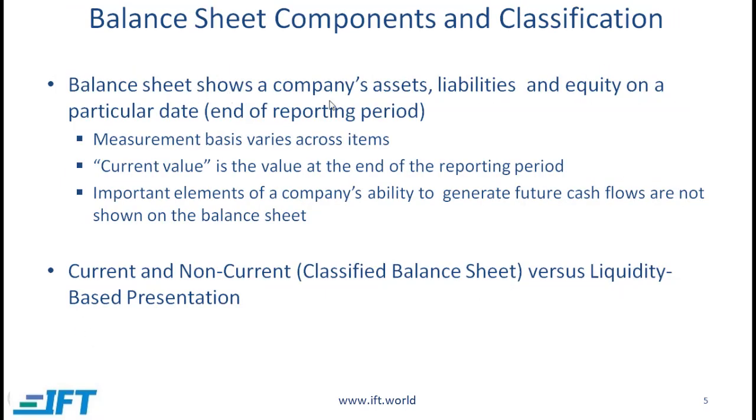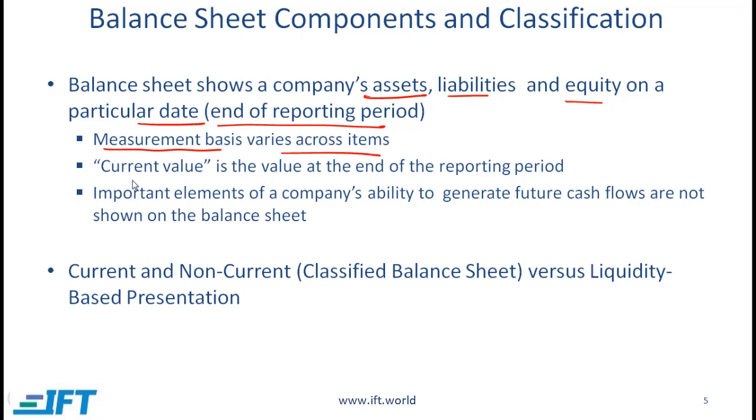The balance sheet shows a company's assets, liabilities, and equity on a particular date, which is typically the last date of a reporting period. As mentioned before, the measurement basis varies across items. This makes life interesting for the financial analyst, who needs to understand the measurement basis for every single item on the balance sheet.